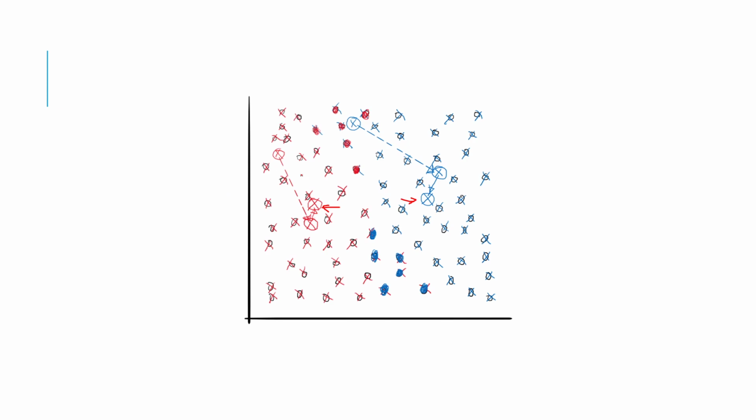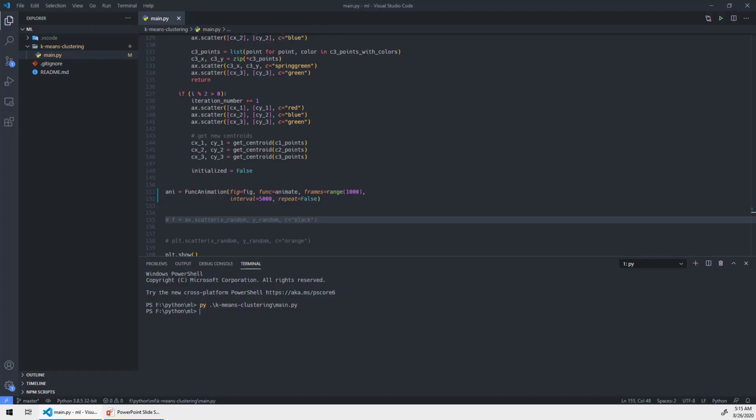To give you a better idea of how the clusters converge, I have implemented a simple program in Python to implement the k-means clustering algorithm. So let me just pull that up and run the program.